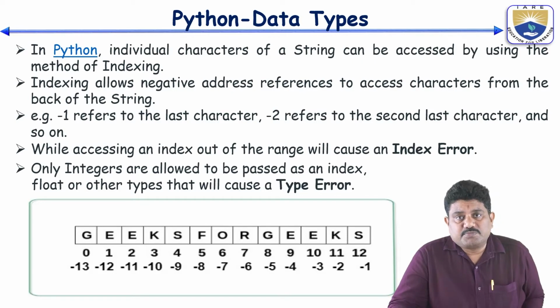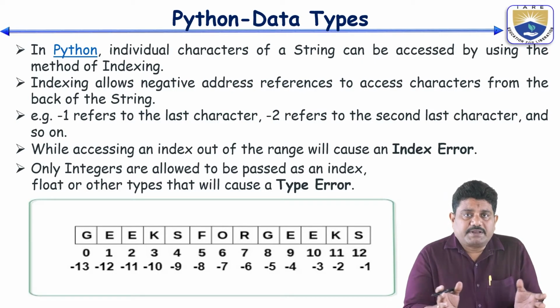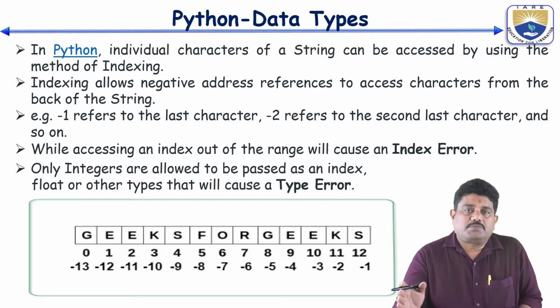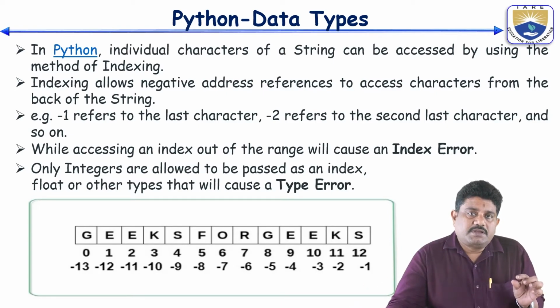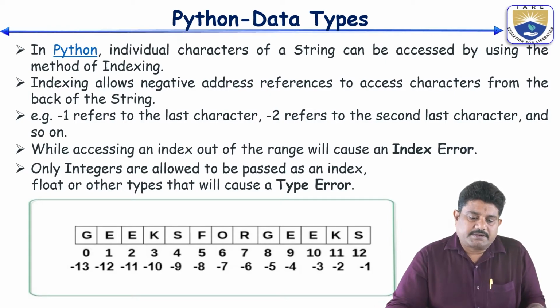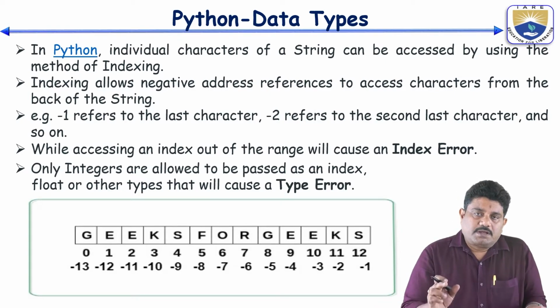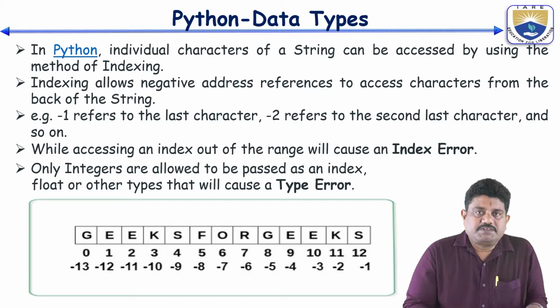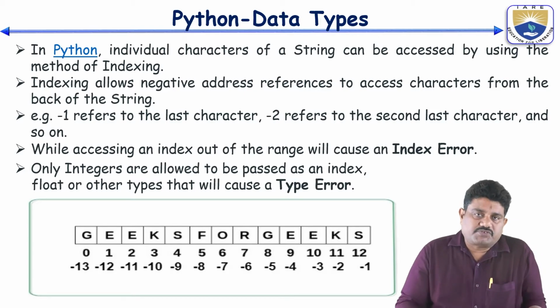Array of characters means it is a collection of different characters stored in consecutive memory locations. Each and every character requires one byte of memory, and it continues like that. It is an array of bytes. Each and every character requires one byte, and a string is nothing but a collection or array of bytes. That is the definition of a string.